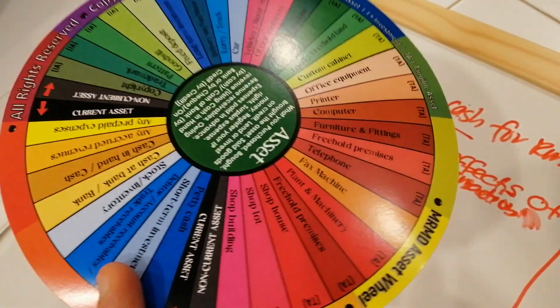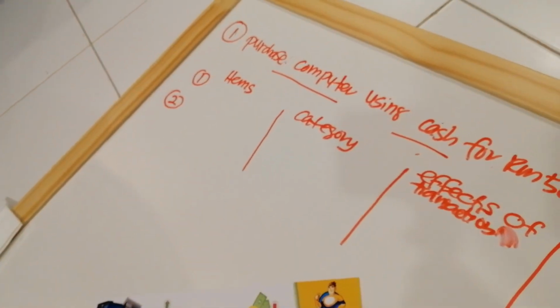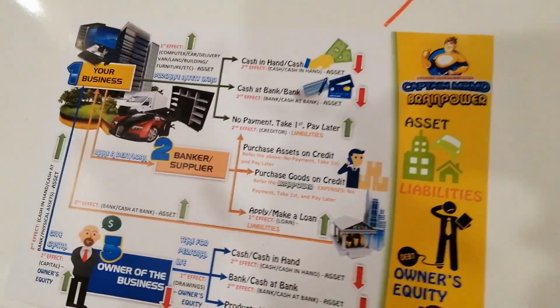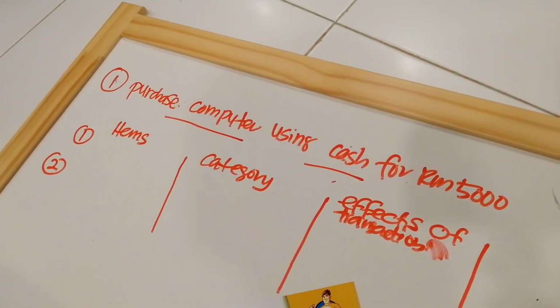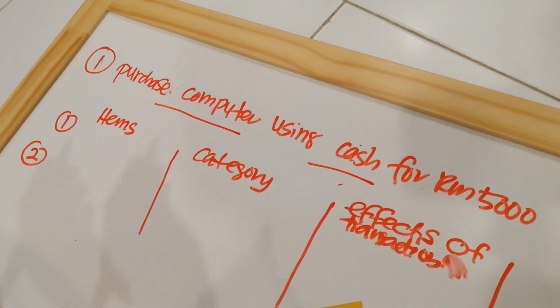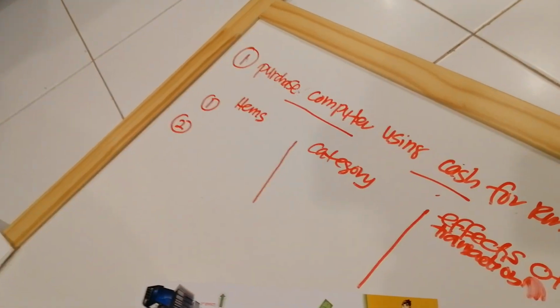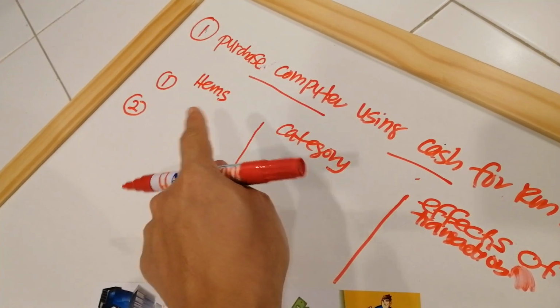So, if you are not sure, bila you dah spend your time to check all these wheels, not only asset, we have another 4 wheels, other 5 wheels, represent 5 categories. And then you pun boleh check juga from here. Purchase computer using cash for 5,000. Okay, you dah expert with this 5 wheels ni tadi. You dah tahu dah, computer will be the first item.